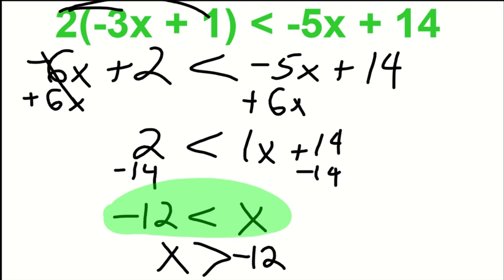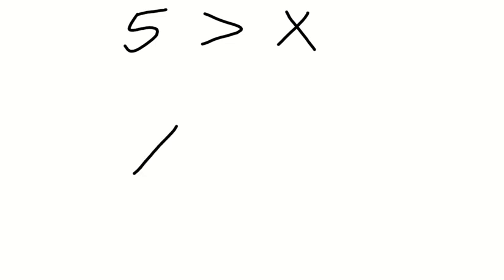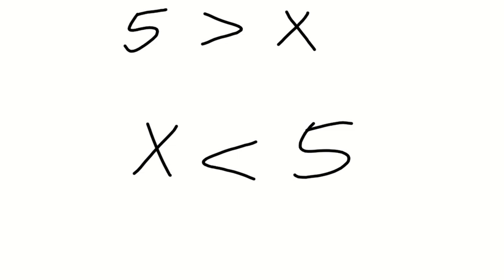So like if I have 5 is greater than x, and I want the x and the 5 like that, it's still got to be chomping the same thing. So we got to switch everything around to make that true.